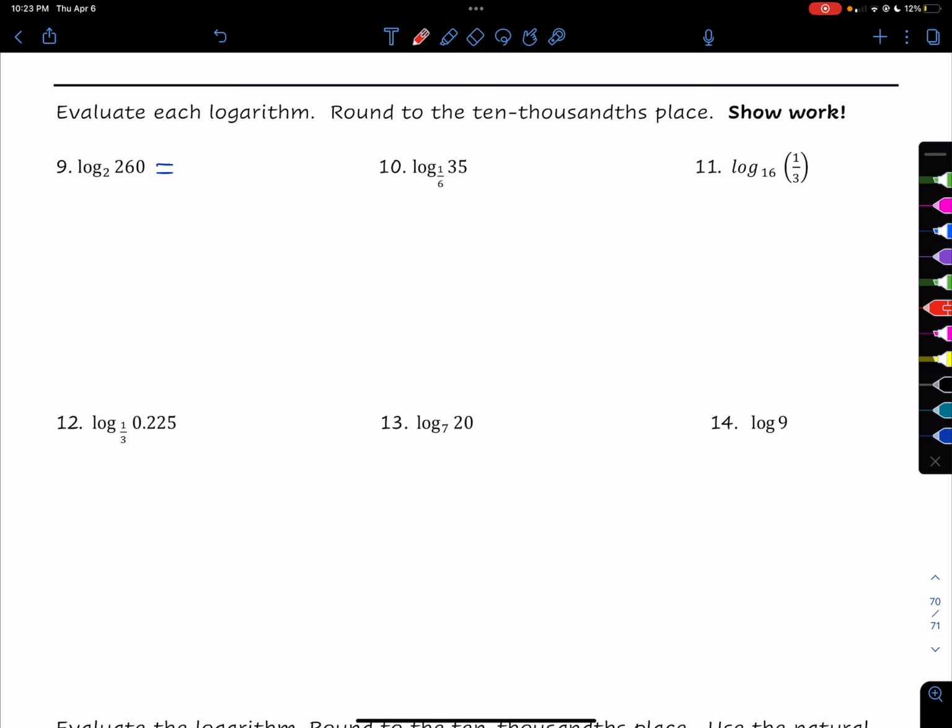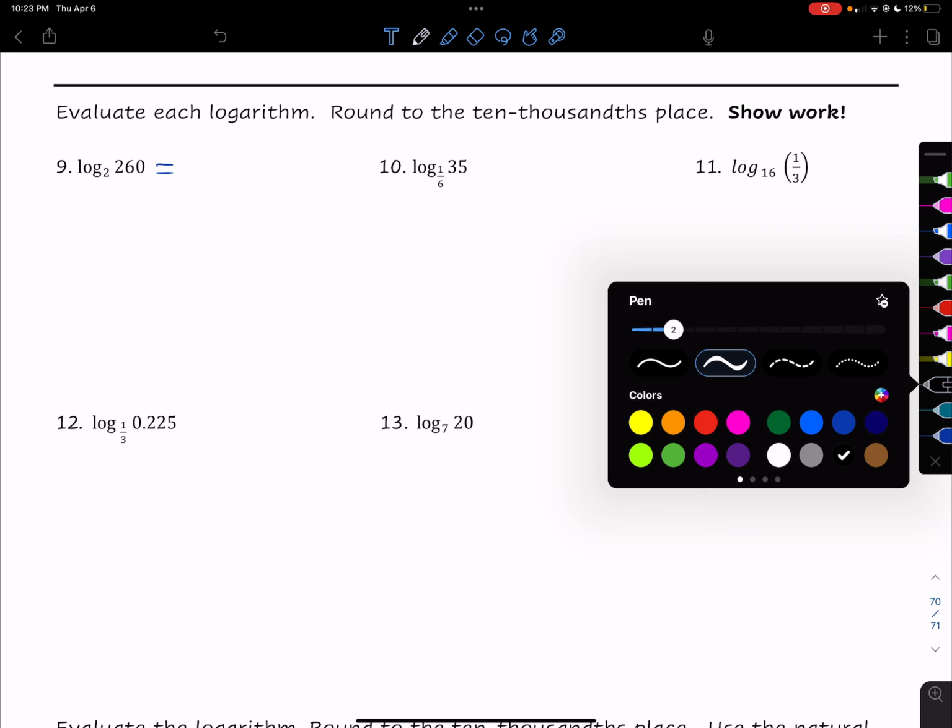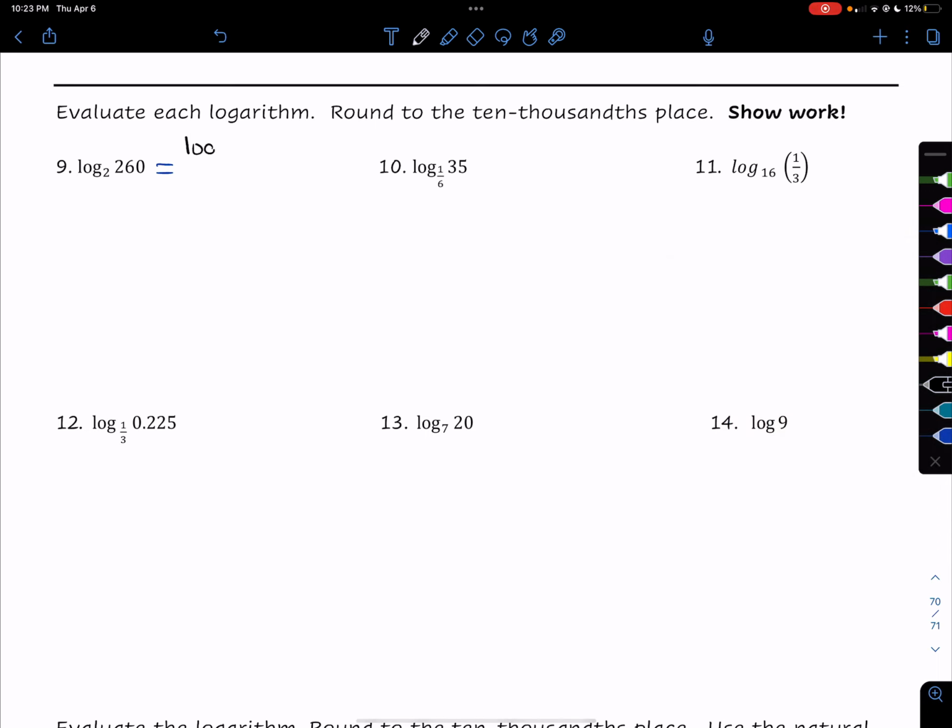So to evaluate this using our calculator, I'm first going to write it in change of base form. So I'm going to have log of the argument divided by log of the base. Okay, so log of 260 divided by log of 2.